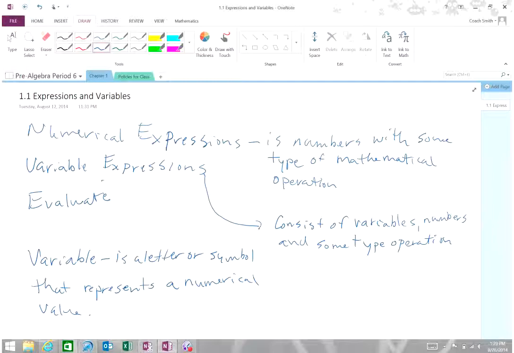Now, so a variable expression consists of variables, numbers, and some type of operation done to it. Okay? So an example of a variable expression would be 4x plus 5. Okay? 3 over x. Okay? 22 minus y. Okay, those are all examples of variable expressions.